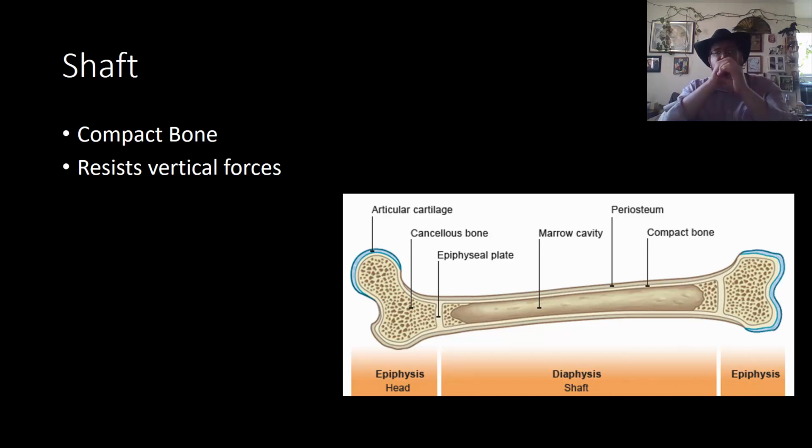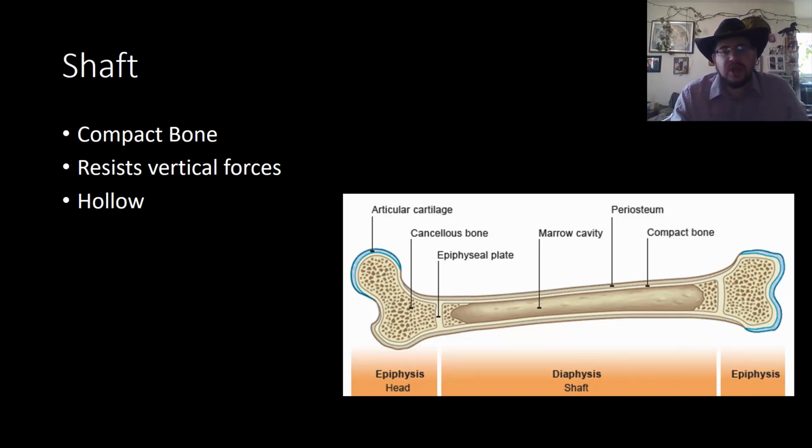We have compact bone because long bones are hollow. So lining the hollow space there, or making up the outer ring there, is compact bone. And that allows it to resist a lot of vertical forces because your long bones often take impacts.